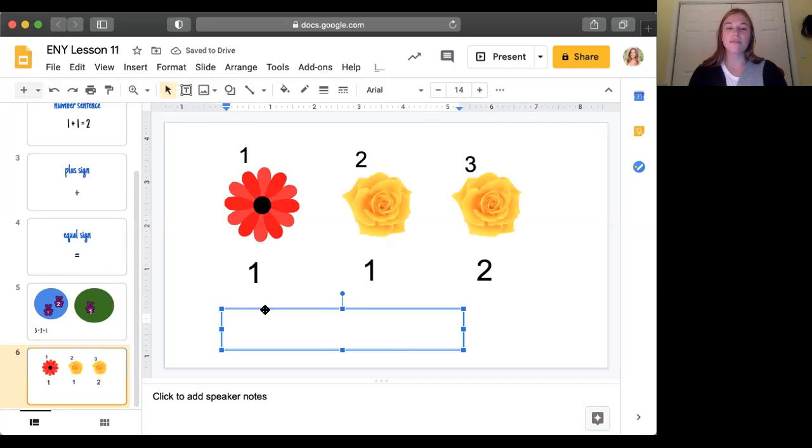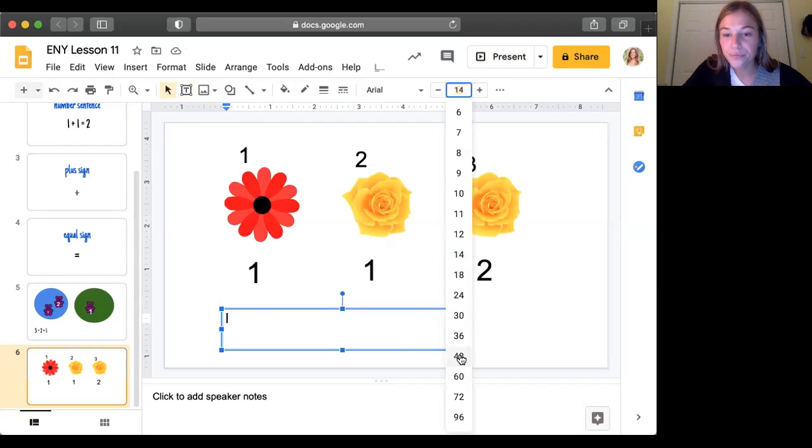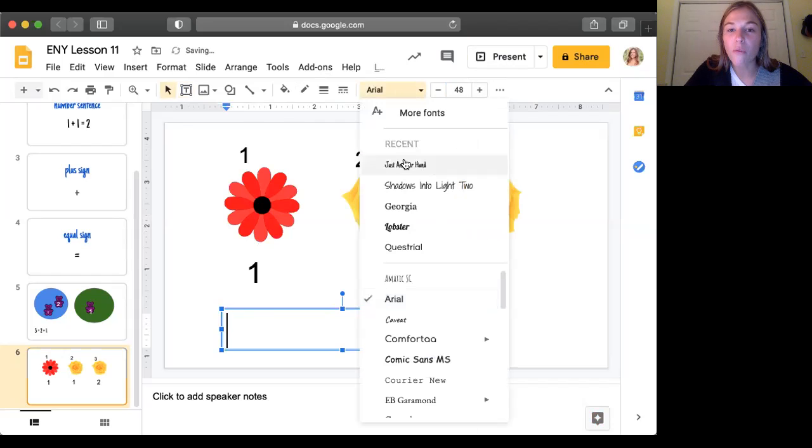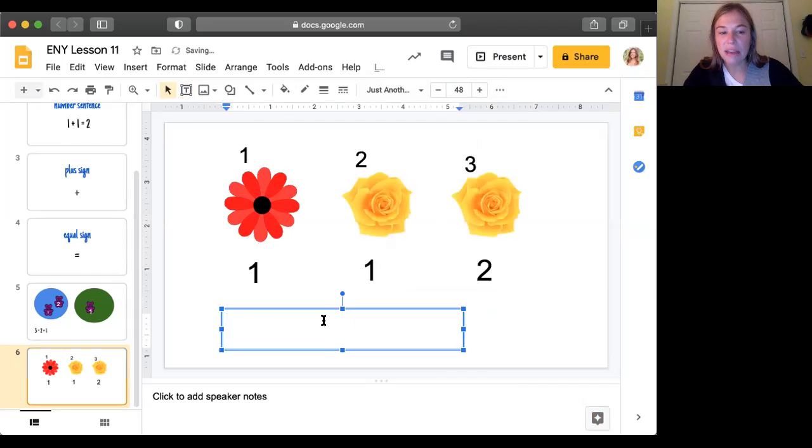So this time, scholars, I'm going to ask you, how many red flowers did Miss Ziegler pick first? I know because I labeled that she picked 1. So I am going to write a 1. She picked 1 red flower.